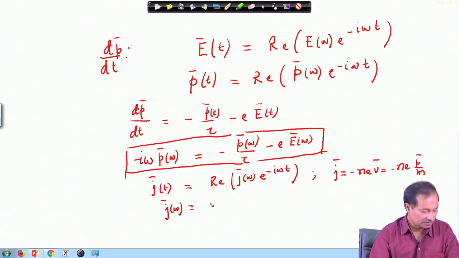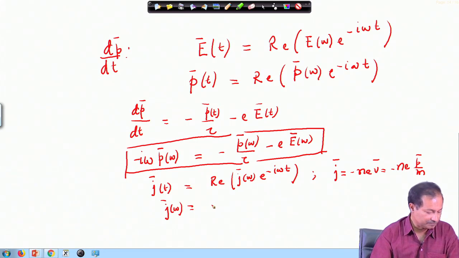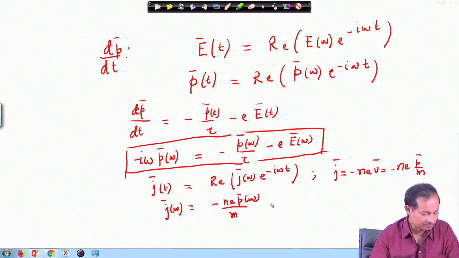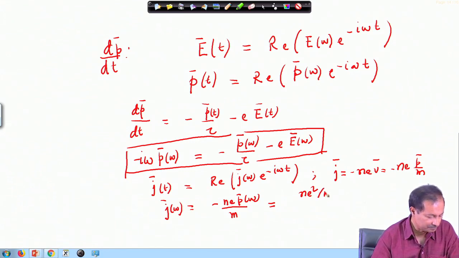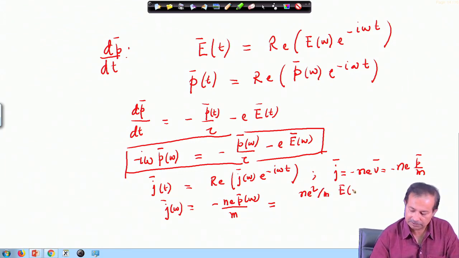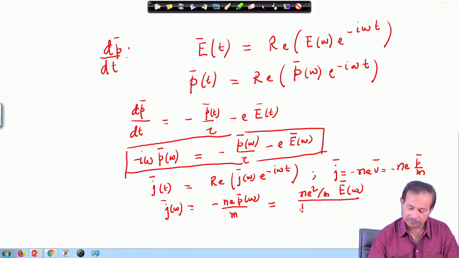So, then j of omega is equal to minus n e p of omega by m, equal to n e square by m into E of omega by 1 by tau minus i omega.